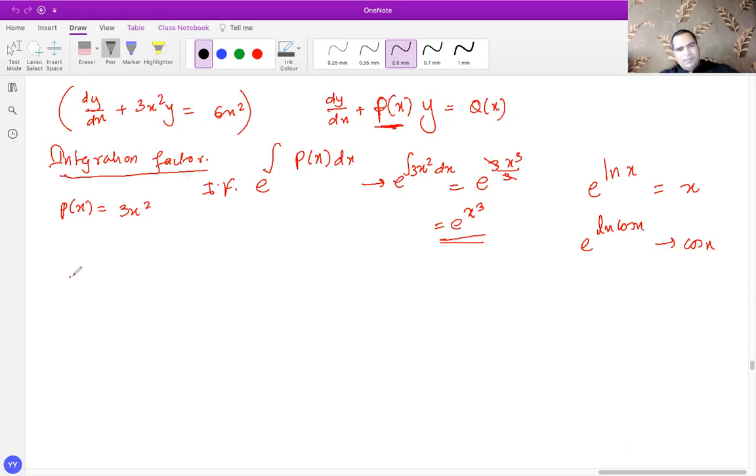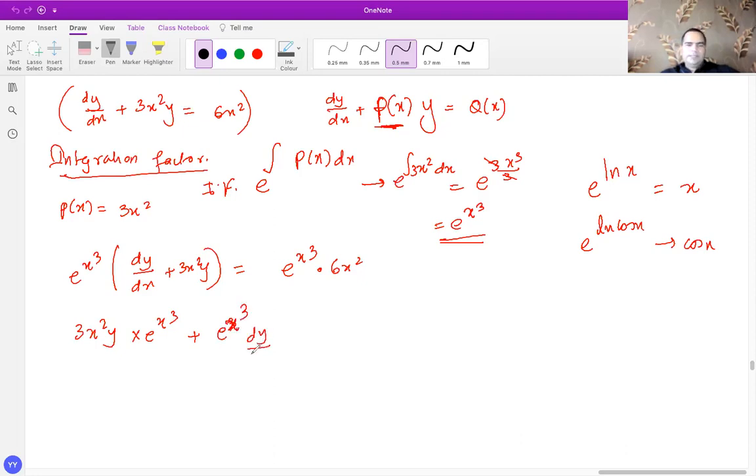So let's see, when I multiply both sides by e to the power x cube and simplify, the right side will be e to the power x cube times 6x squared. Now, when you open this bracket, it is 3x squared y times e to the power x cube plus e to the power x cube times dy by dx equals 6x squared e to the power x cube.